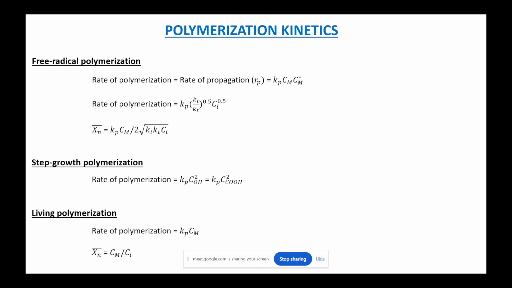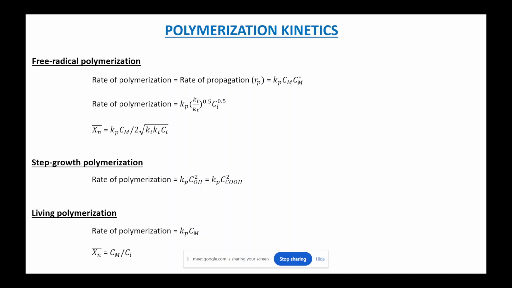Different monomers undergo different polymerization techniques. There are many ways to polymerize a monomer, but the three most commonly discussed types are free radical polymerization, step growth polymerization, and living polymerization.